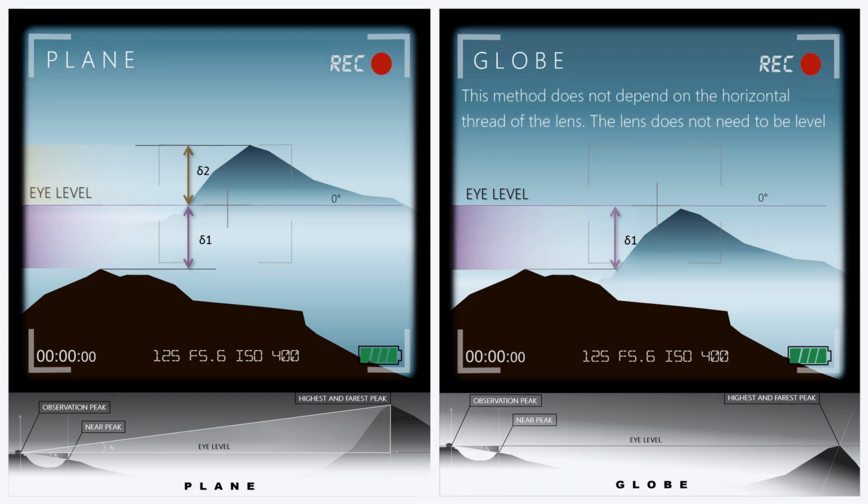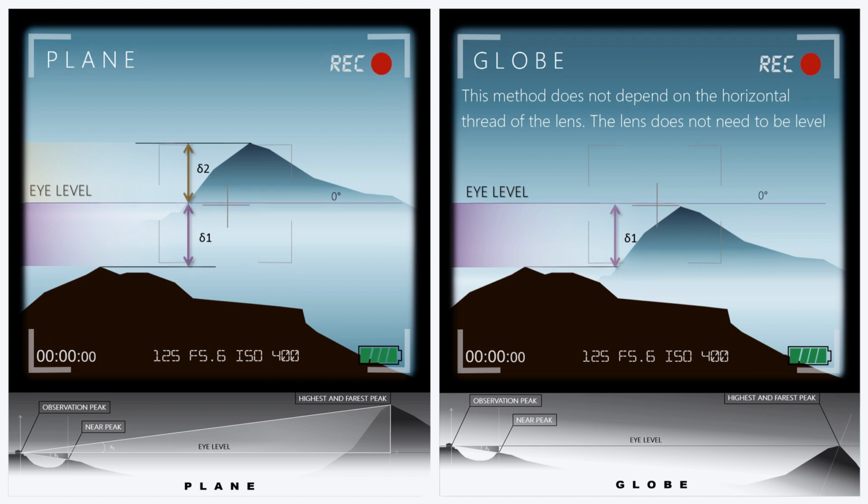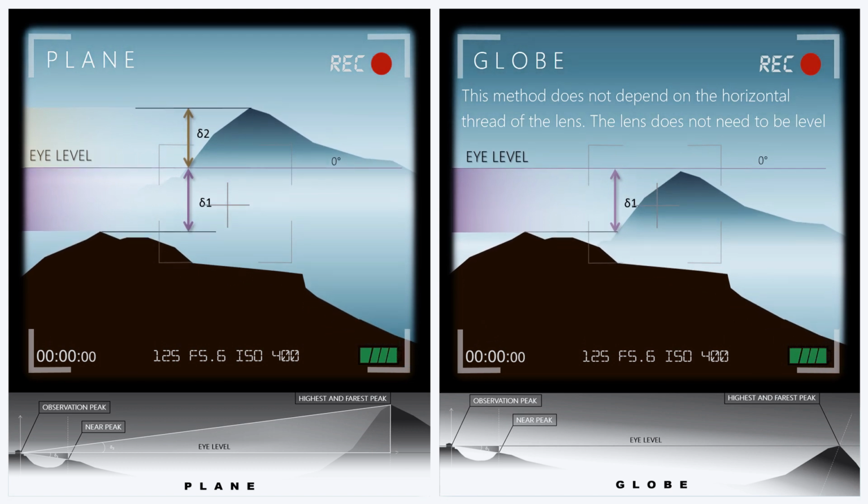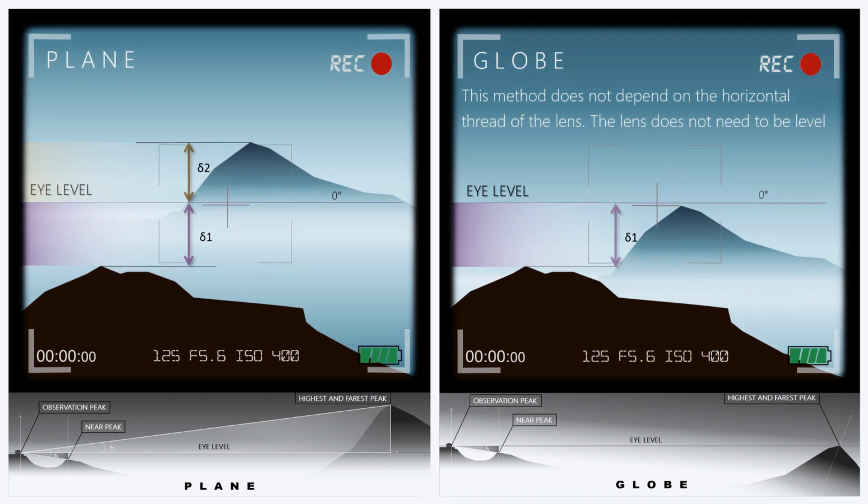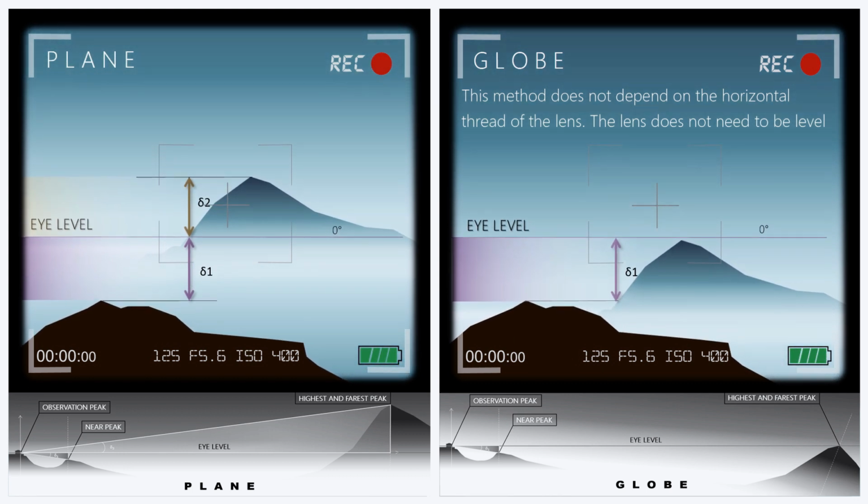Another advantage of this method is that it does not require the lens to be level. The relationship between eye level and external references is preserved whether the camera is tilted up or down when taking the shot.